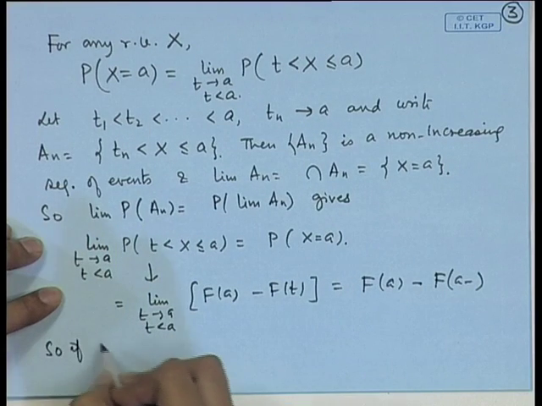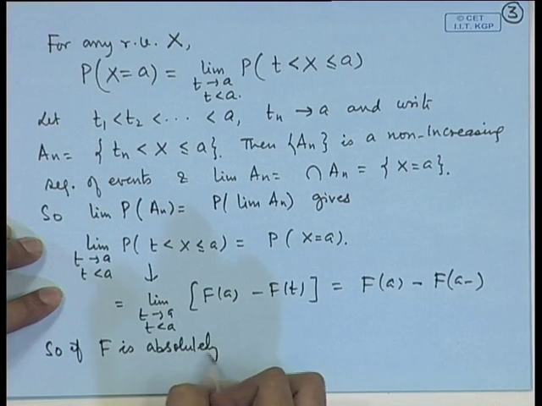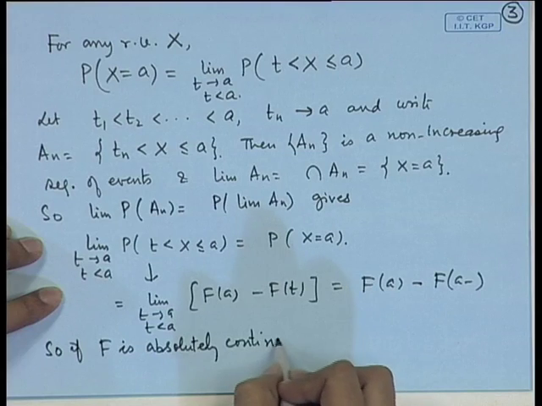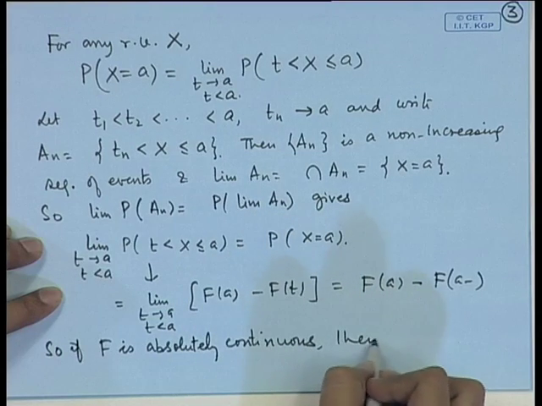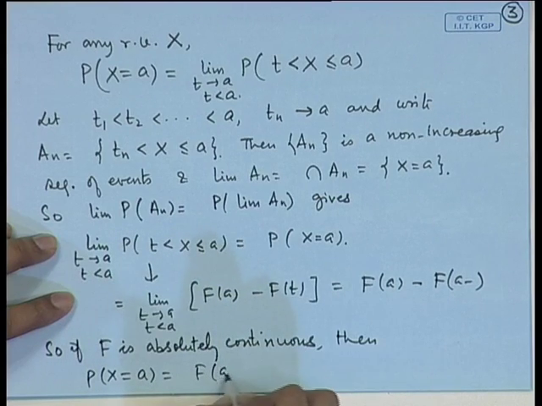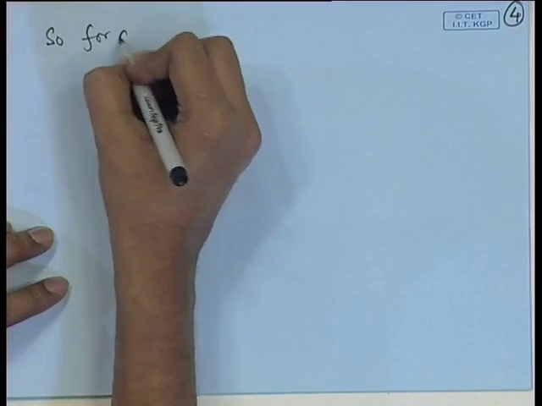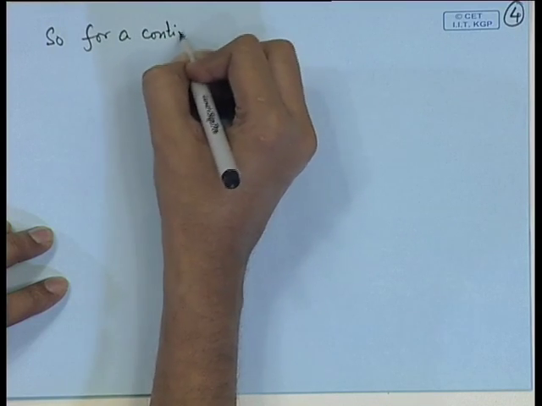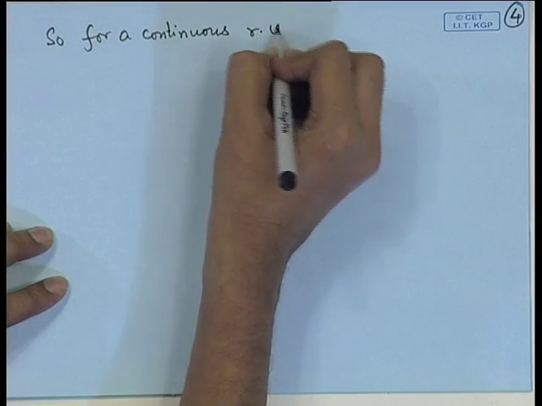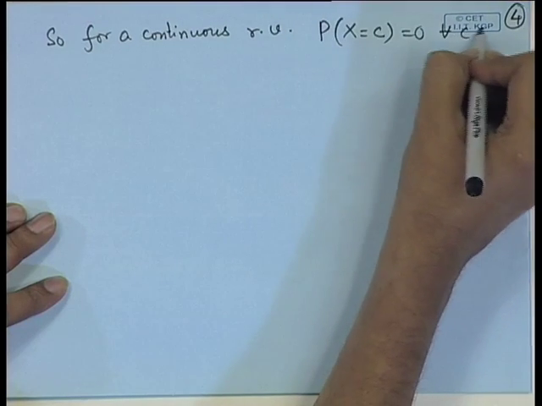So, if F is an absolutely continuous function, then the probability X equal to a will be equal to F(a) minus F(a minus), which is 0. So, for a continuous random variable, the probability that X is equal to some value c is 0 for all c.